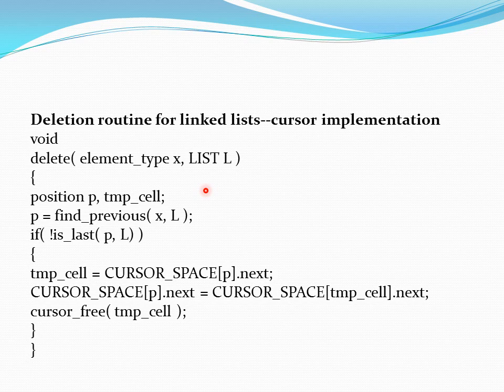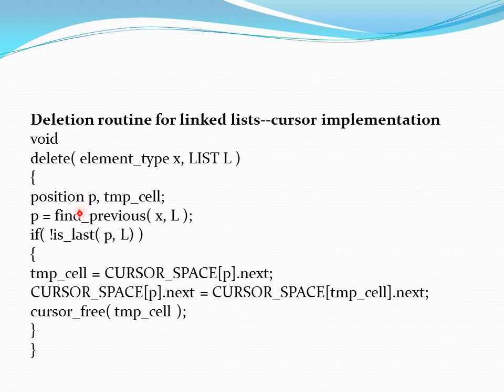For example, the list contains 10, 5, 7 and I want to delete 5. Then we have to store the index of 7 into the 10's next position.